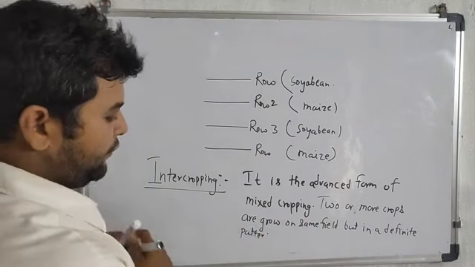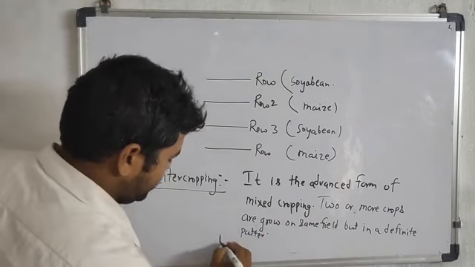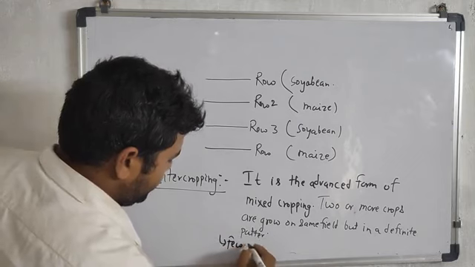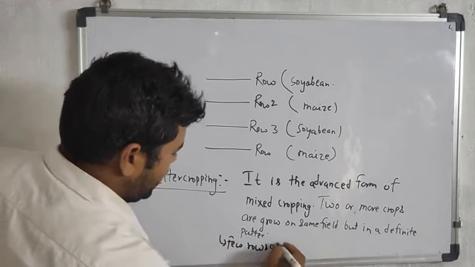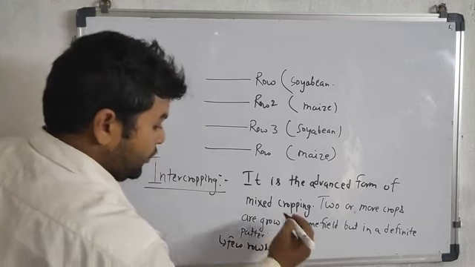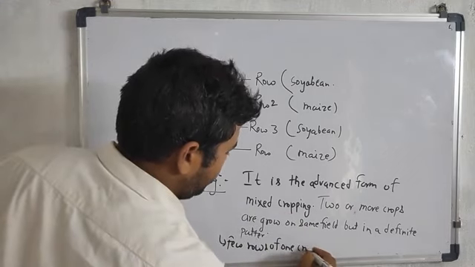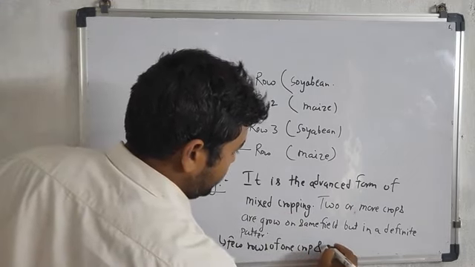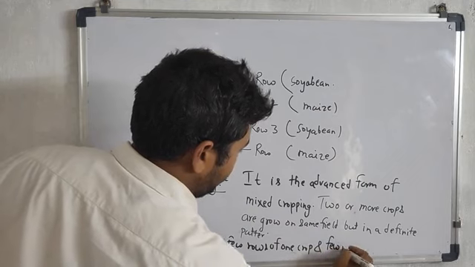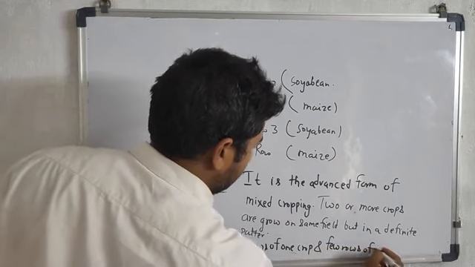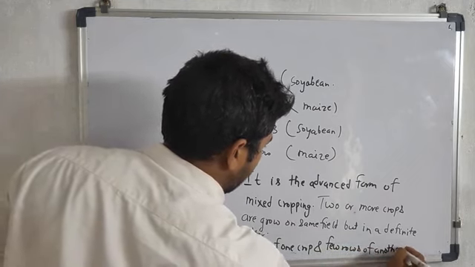Okay, few rows of one crop and few rows of another crop.